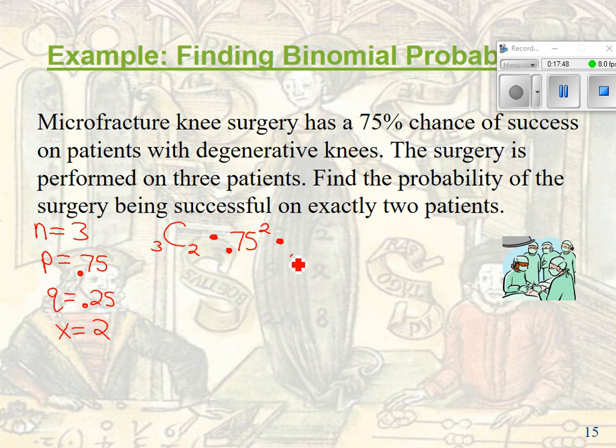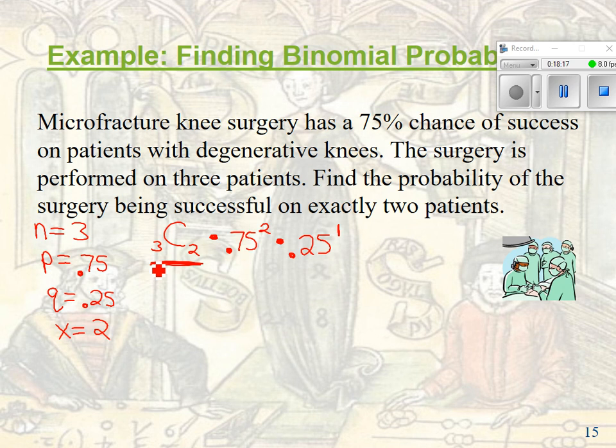And then you times that by Q, which is 0.25, raised to the N minus X power. Usually I do a little bit of this in my head. What's N minus X? Do you gotta use any parentheses? No. What I'll tell you to do on your calculator is do this part first, and then hit equals.